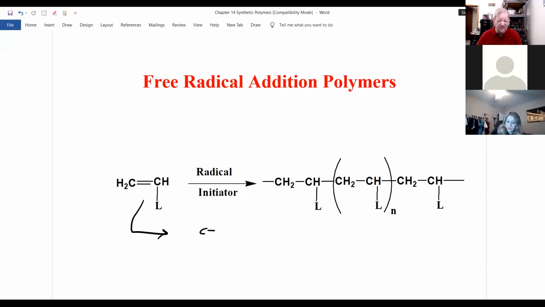And you break the double bond, and this is a radical. And these are very reactive. And when you have a double bond, this attacks the double bond, the electrons, and you form a new radical.